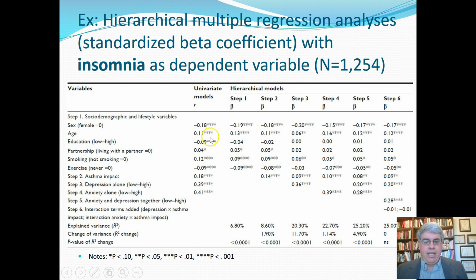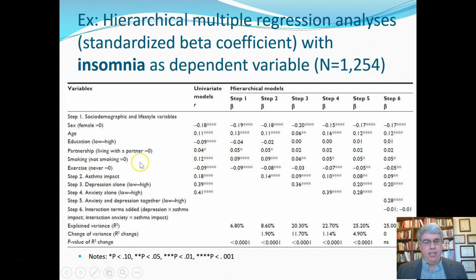And these stars indicate that they're all significant. It gives us a p-value according to the number of stars they have. Now, 1 star is p less than 0.10, so that's marginally significant. So it says partnership, living with a partner. That's generally if you're married or not. And so the people that are married have less insomnia.